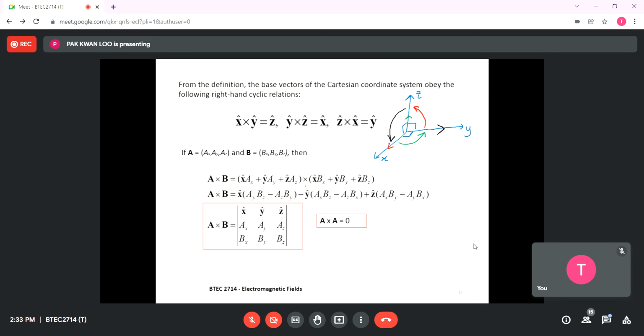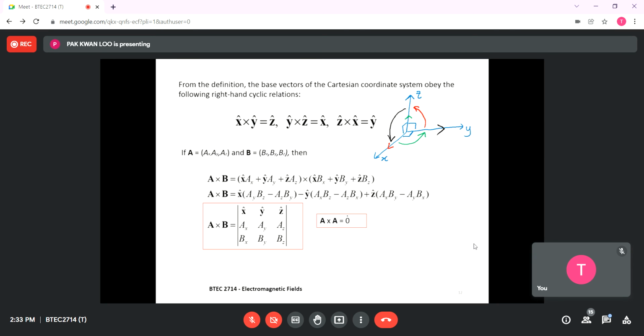Okay, so we use the determinant, A cross B. You are supposed to know this already. So how do we perform the cross product? We use the determinant method to find the vector cross product. If we cross the same vector, it is going to be 0.